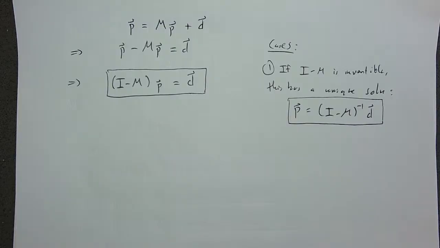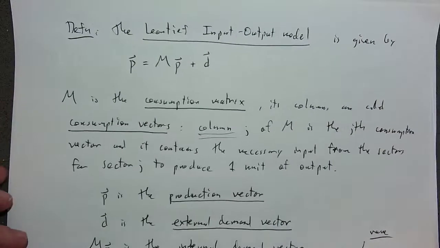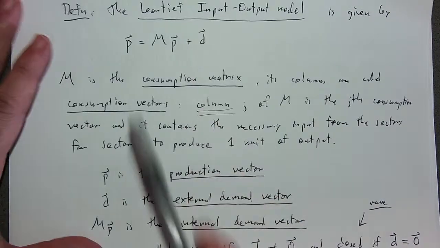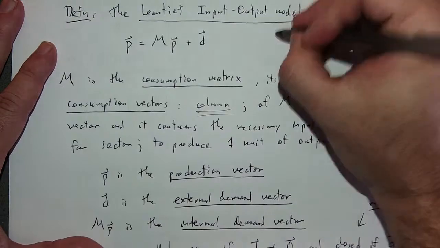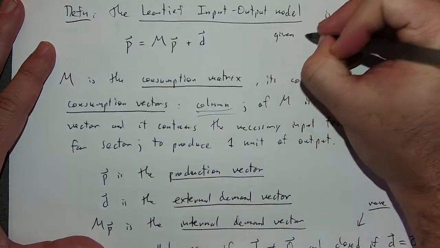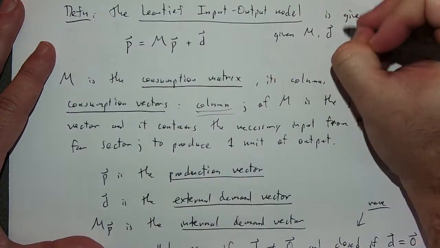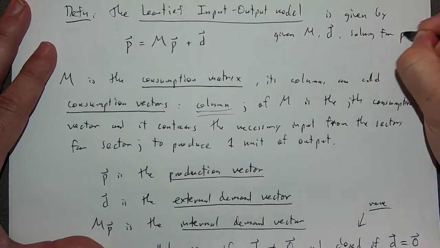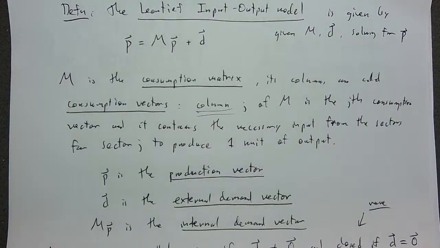Now, maybe you've lost sight of what it is we're even doing here. So going back to my original equation that I have written here, you might say, wait, what am I even solving for in this? And the answer is you're solving for P. So you are typically given the consumption matrix M, you're given the external demand, and you're solving for P. You're solving for the total production.